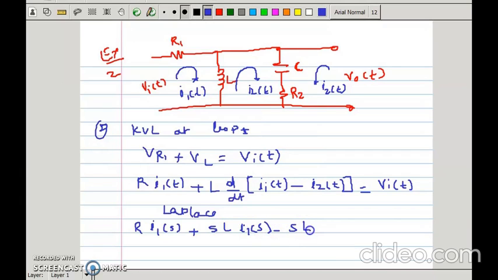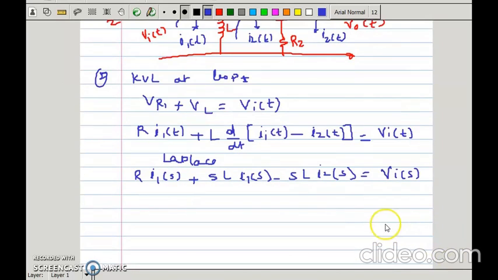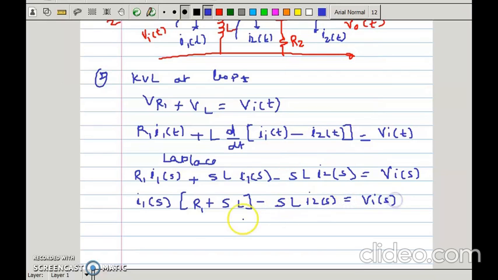Minus SL I2 of s is equal to Vi of s. We got this as equation number 1.